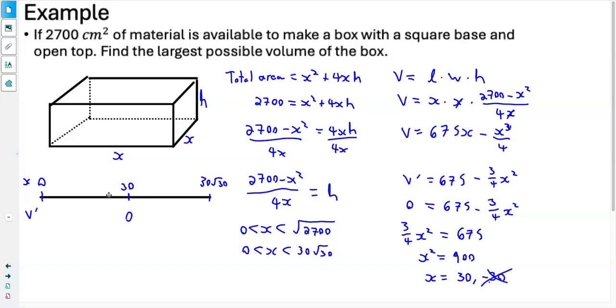If I put in something between 0 and 30, like 10, and substitute right into here, I get a positive value. Or if I put something larger than 30 in, I get a negative value. So we know our graph of our volume is going up here and down here, so that means we do have a maximum here.